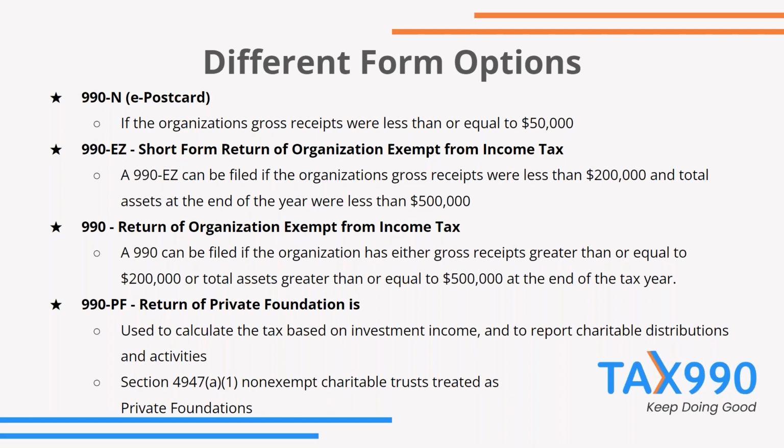An organization that qualifies for the 990N can choose to file a larger form, such as the 990EZ or 990. However, organizations that qualify for the 990 or 990EZ cannot choose to file a smaller form, such as the 990N, and a private foundation must file the 990PF, regardless of financial status and activity.